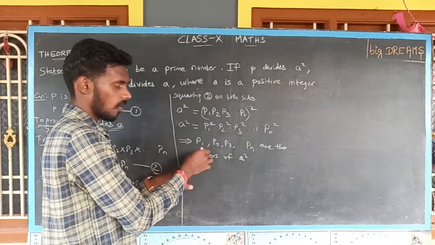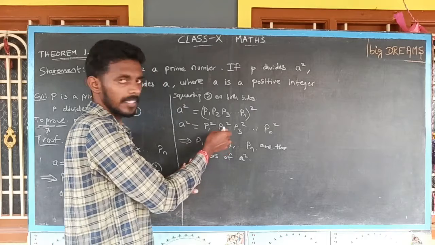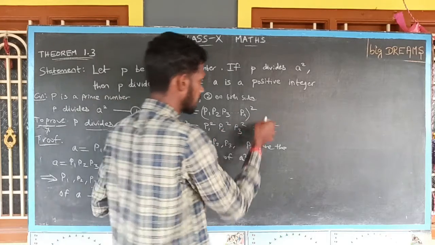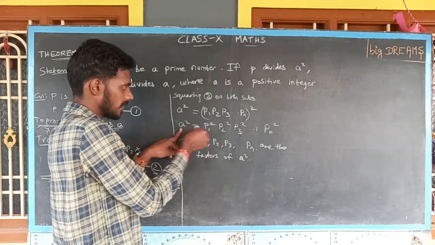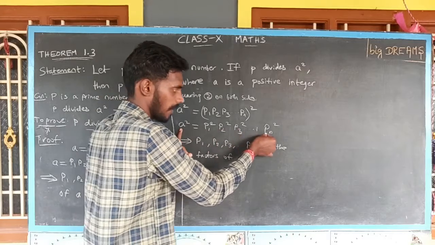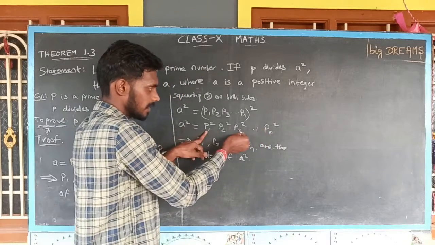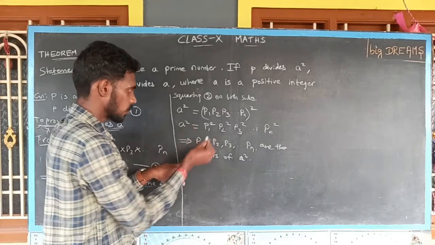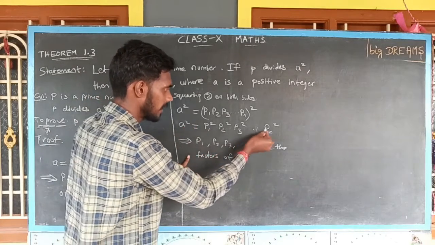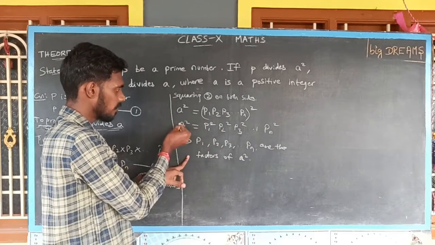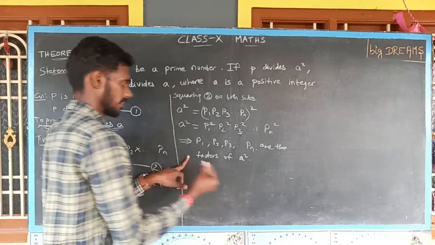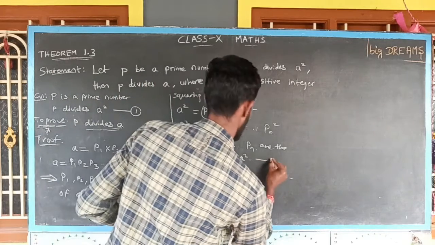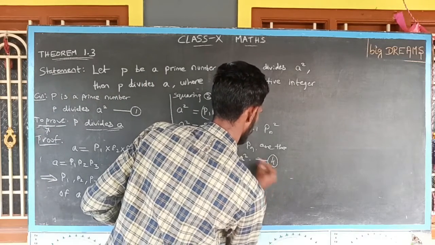This can be proved according to the fundamental theorem of arithmetic. When a number is expressed as the product of prime numbers, these prime numbers are called the factors of the given number, right? So here P1, P2, P3 up to Pn are the factors of A square. Name this step as number 4.